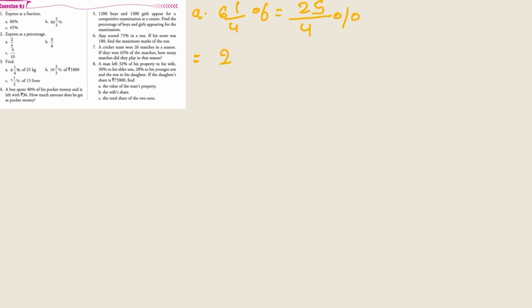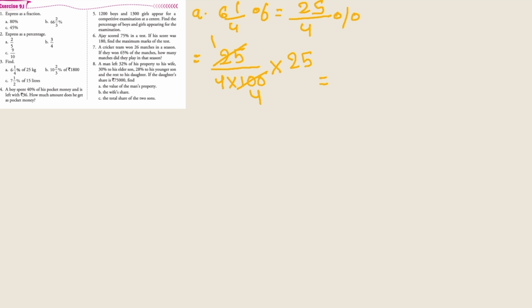Whenever we take a percent of a number, we simply add 100 in its denominator like this, and we have "of", so we multiply by the number of which we need to take the percentage. Now 100 will get cancelled out by 25 by 4.